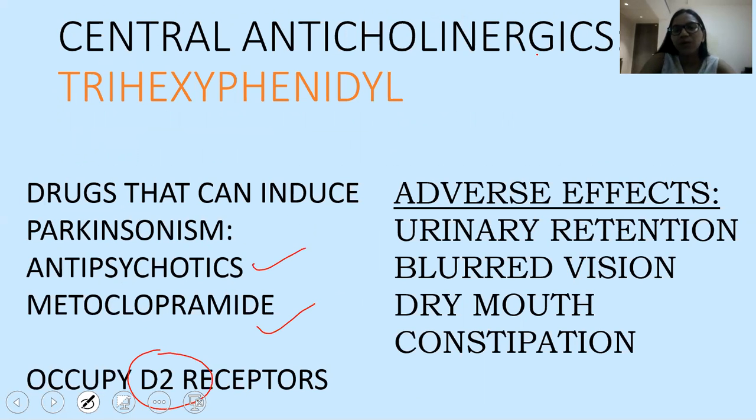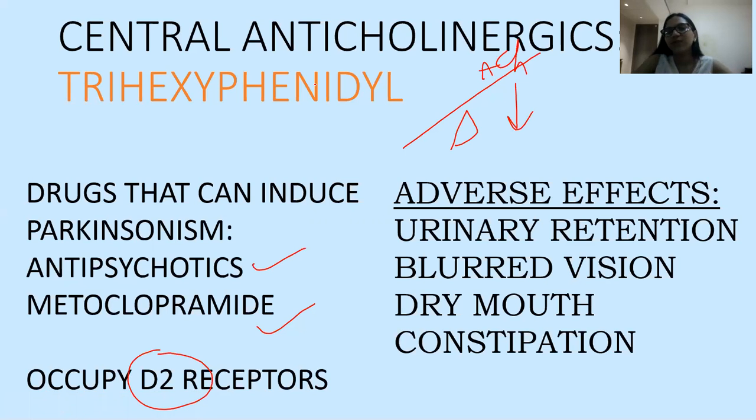So what we try to do rather is reduce the acetylcholine by giving central anticholinergics like trihexyphenidyl. The adverse effects obviously will be more of the sympathetic reaction type. So they will cause urinary retention, dry mouth, constipation, blurred vision because of loss of accommodation, etc.